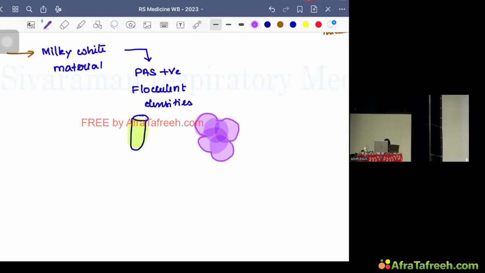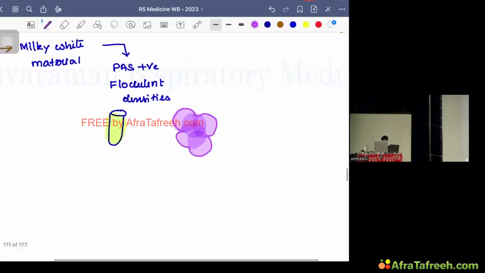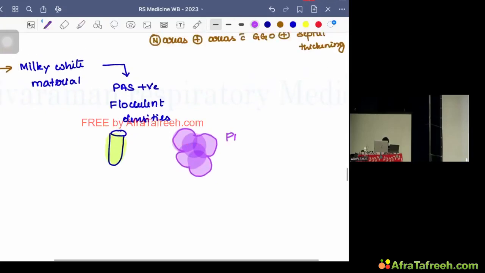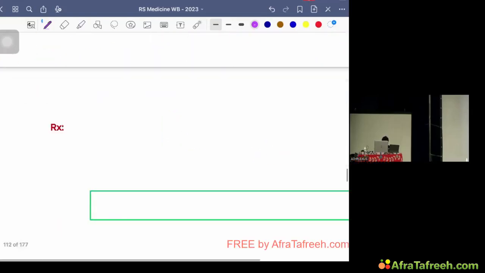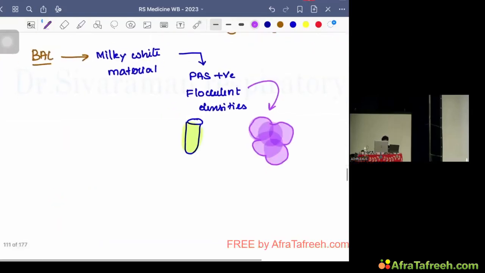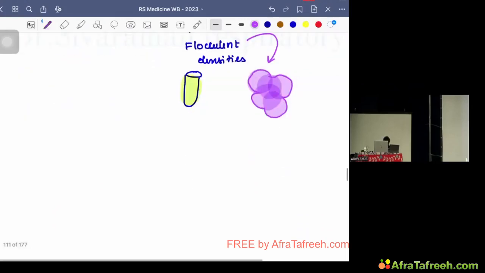This is called PAS positive flocculent deposits, which is very characteristic of this condition. So this is what you get in BAL, and this is going to be very, very important.